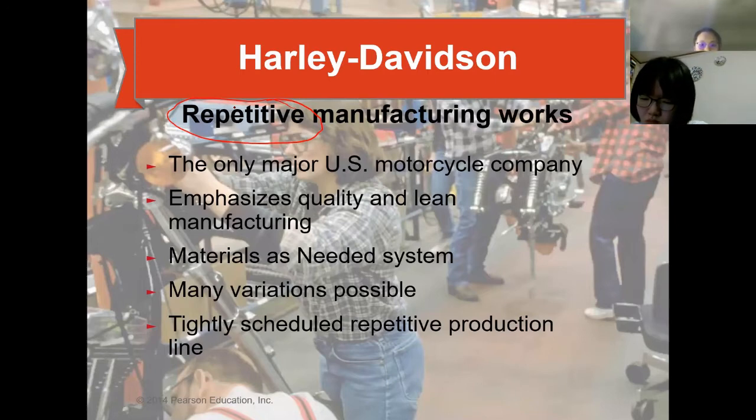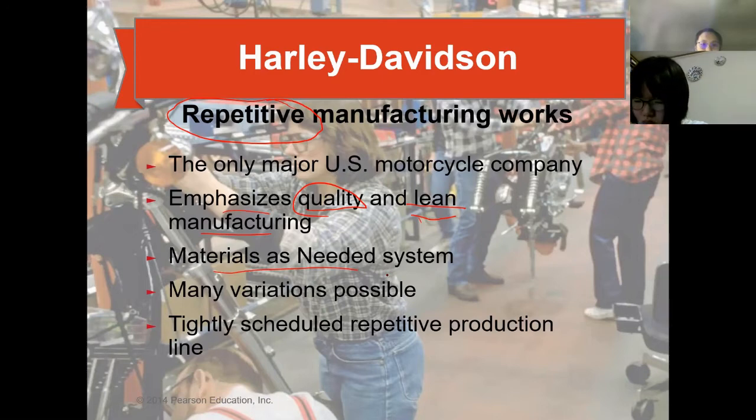In repetitive, you have to make sure that quality is everywhere, in the parts when you assemble them, and it works using lean manufacturing. So it emphasizes quality and lean manufacturing. Materials are sent on the production line as needed. So you send the different components, for example, the exhaust or the handle, according to different stages at the right time.